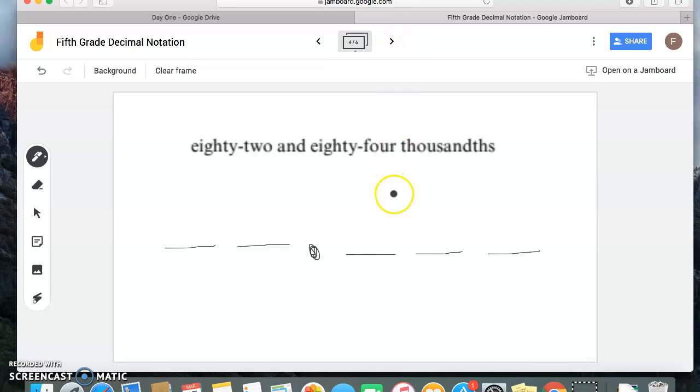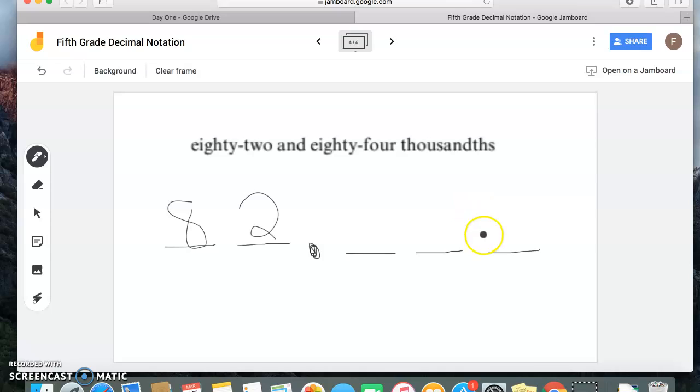My next problem is 82 and 84 thousandths. Now again, I drew my lines to represent each digit, and I know that all of these lines need to be filled. So first I have 82, so I'm going to simply write 82, and drawing my decimal point, 84 thousandths.